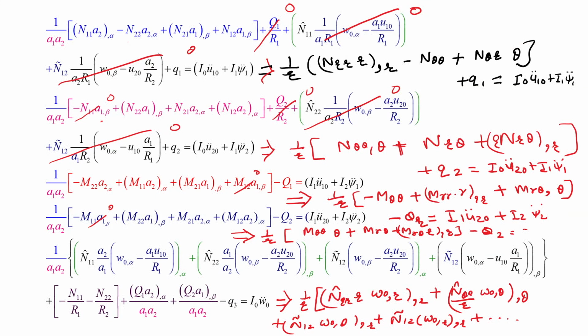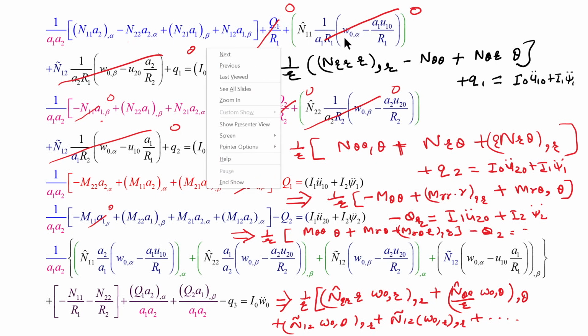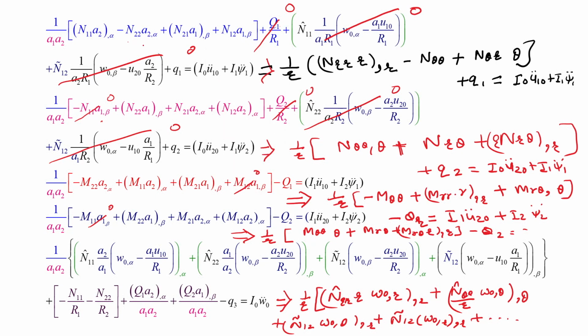So, straightforward we can say that Q1 by R1 will not contribute. Similarly, these nonlinear terms will also not contribute. Definitely in the linear terms, we have to see that first 1 by A1, A2. So, A1 is 1, A2 is R. So, it becomes 1 by R, then N 1, 1.